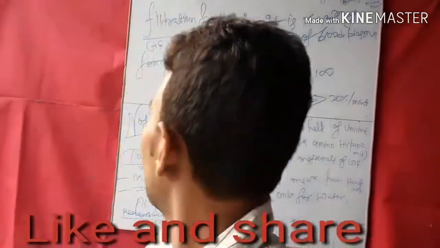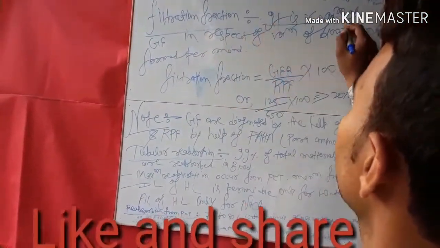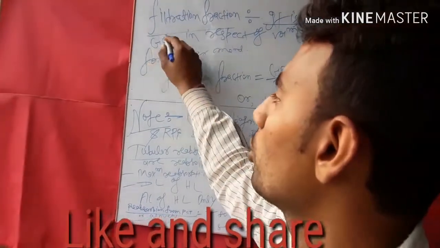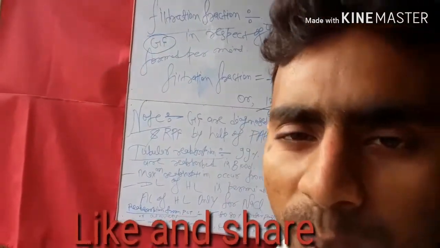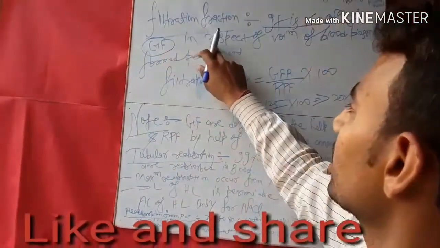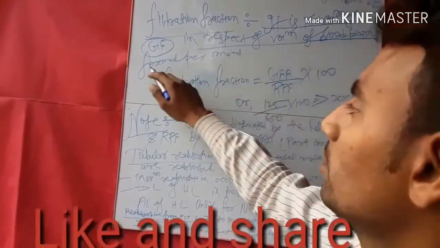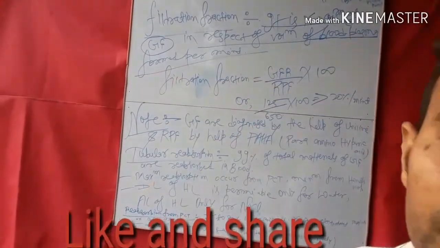The filtration fraction is the percentage volume of glomerular filtrate in respect of the volume of blood plasma per minute.